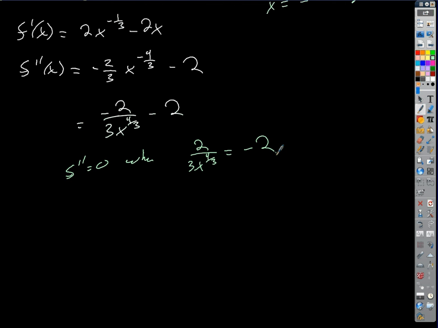I could invert both sides. I take the reciprocal of both sides. So I'm getting 3x to the 4/3 over 2 equals negative 1/2. Multiply both sides by 2/3. So I'm getting x to the 4/3 equals negative 1/3.